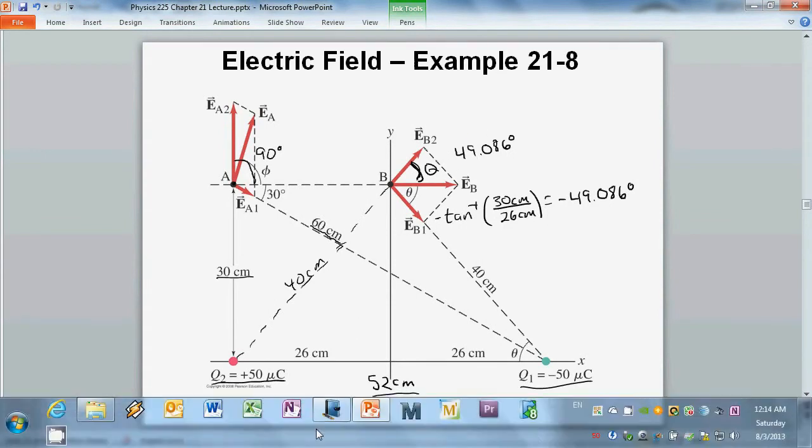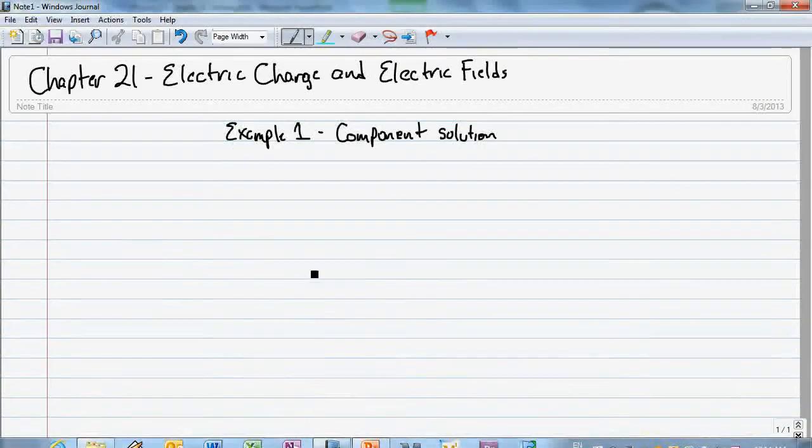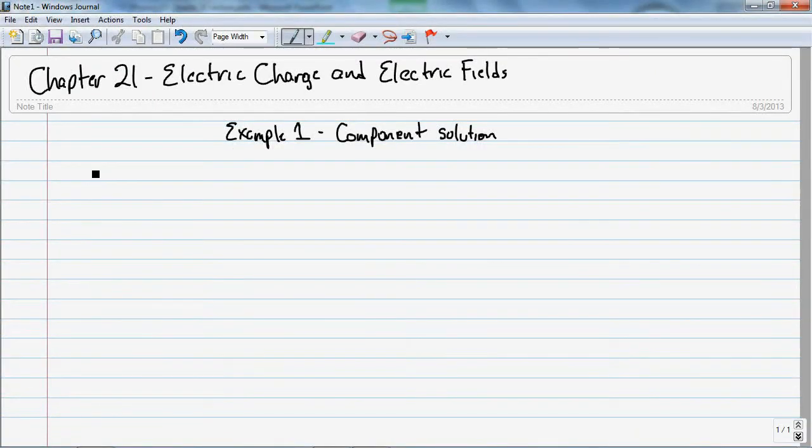So now we can write down our information. Q1 is equal to minus 50 microcoulombs. Q2 is equal to 50 microcoulombs. Theta A1 is equal to minus 30 degrees.